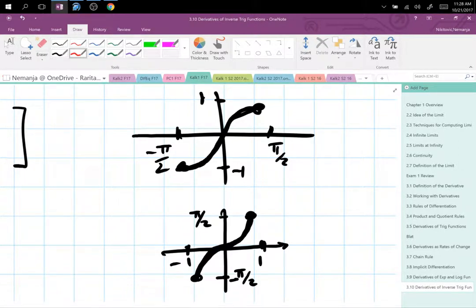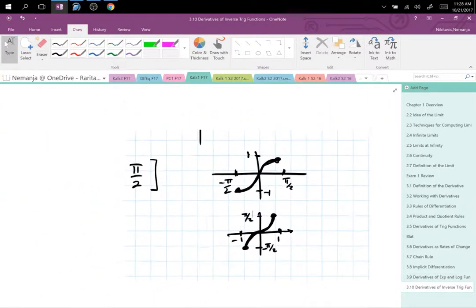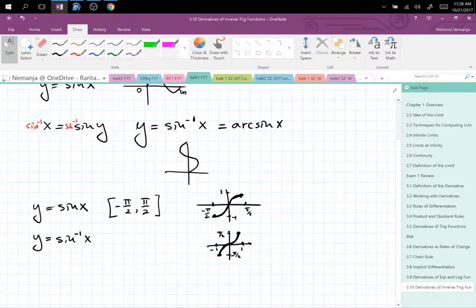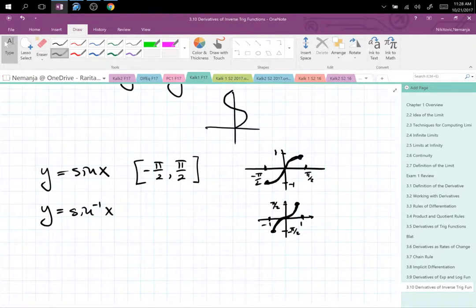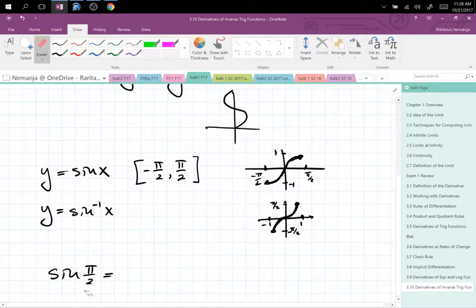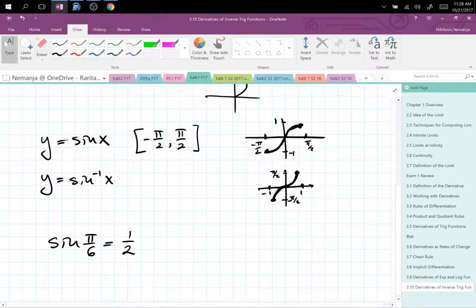Now, we understand what the inverse is, and also one more thing, for purposes of calculation for the problems with the tangent lines, that you all love so much, I will remind you that sine of pi over 6 is 1/2, and the inverse sine of 1/2 is pi over 6.